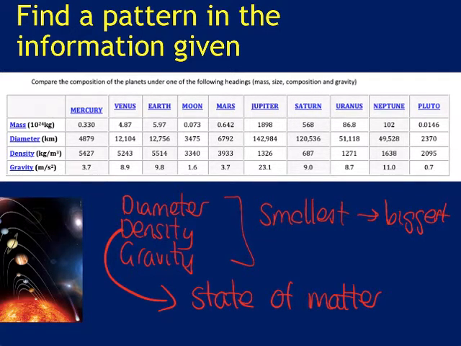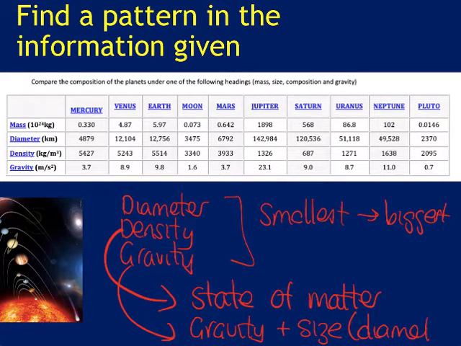And for gravity, I want you to look to see, is there a relationship between gravity and size? Does it necessarily mean a big planet has a big diameter? So you're going to have sequenced them all and see, can you see a relationship?